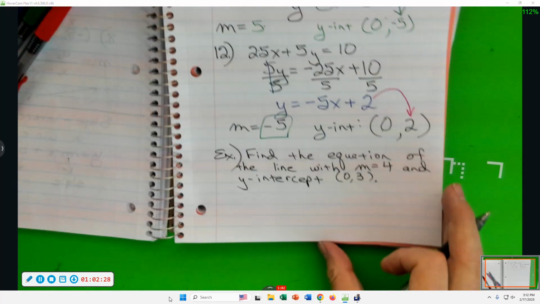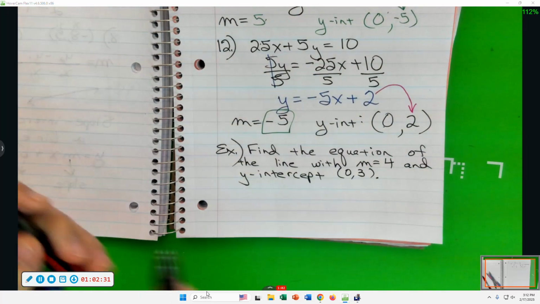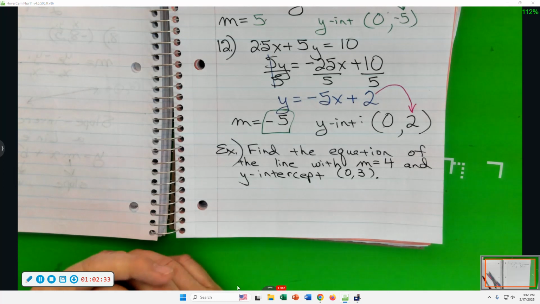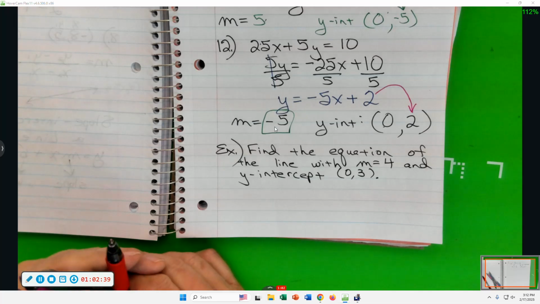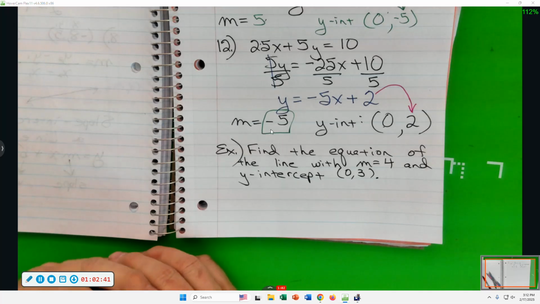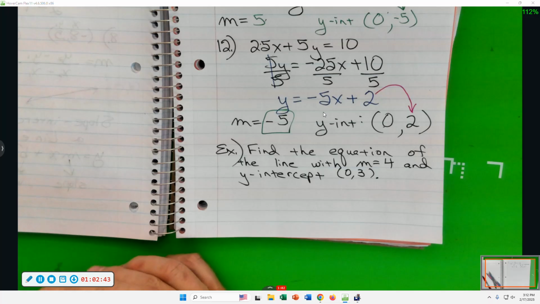It's trying to get you ready for 13, 14, and 15. Algebra, you always do it one way, then go in reverse. So this example he made up, it's like number 12, going backwards.